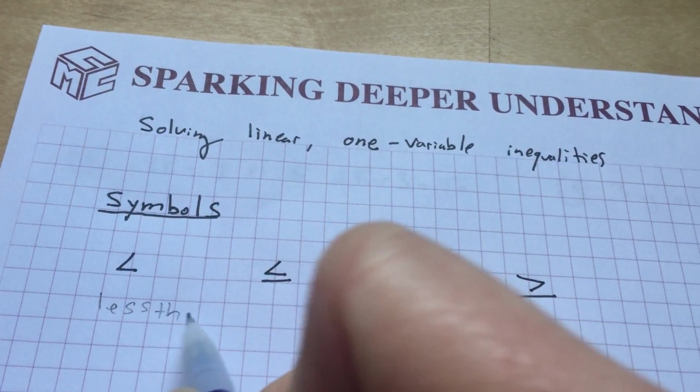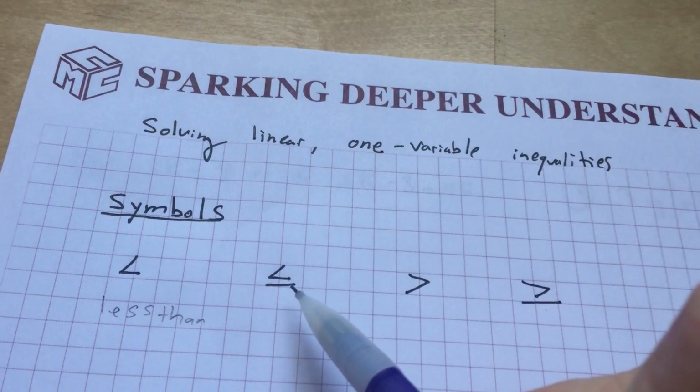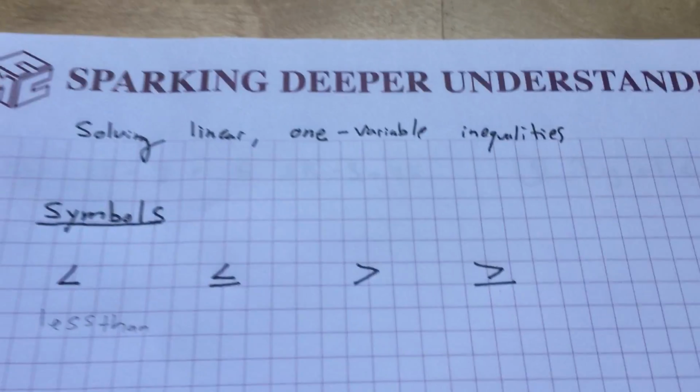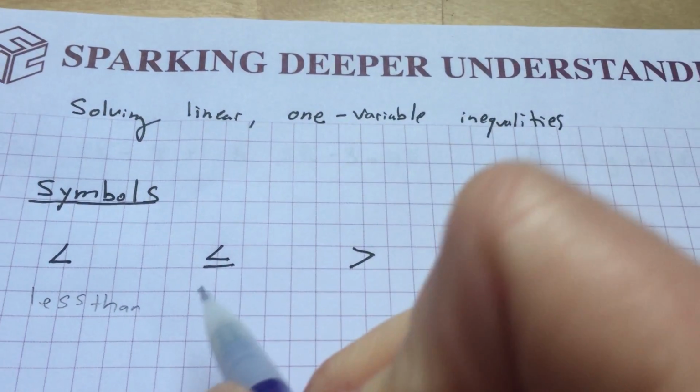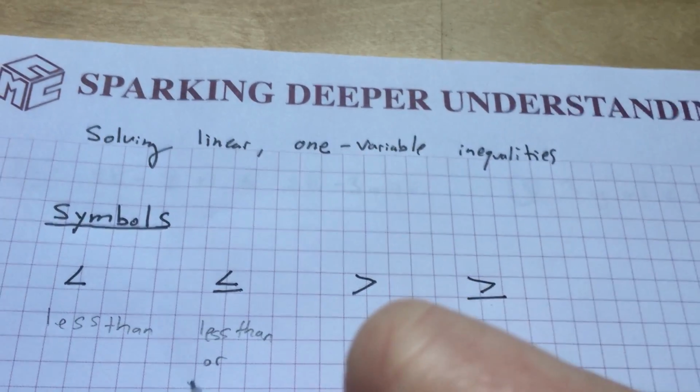So less than. The second that we have a little line underneath, either here or here, you can think of it also as part of an equal sign. So this would be less than or equal to.